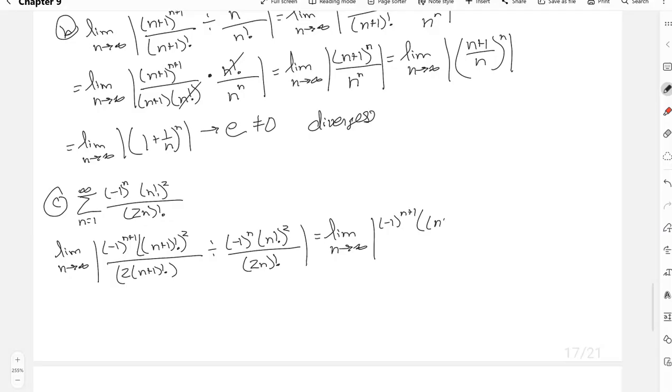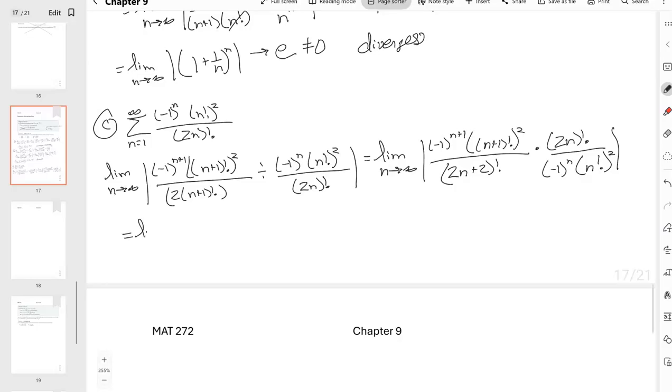So this would be n plus 1 factorial squared over 2n plus 2 factorial times 2n factorial, over negative 1 to the n times n factorial squared. So those negative ones are going to reduce. That's going to leave me with just a negative 1. And then when I take the absolute value, it's going to be positive.